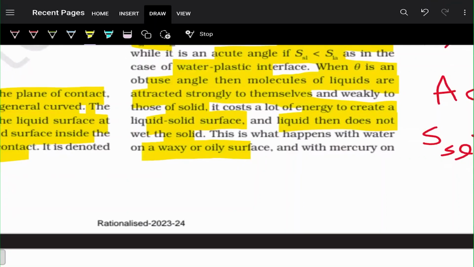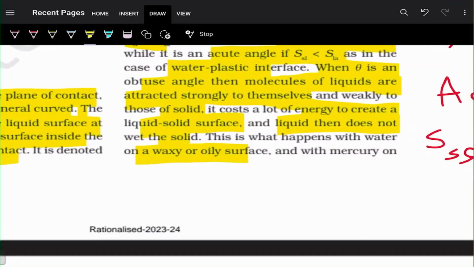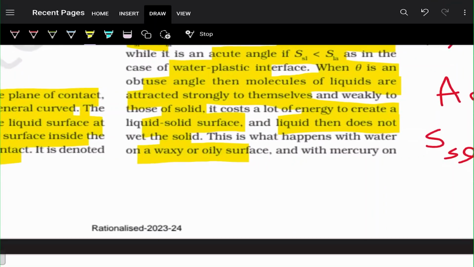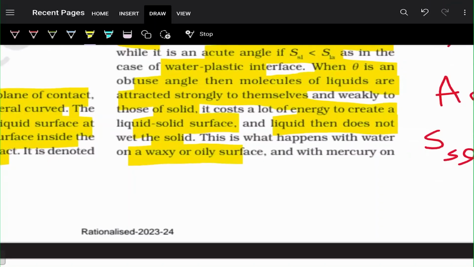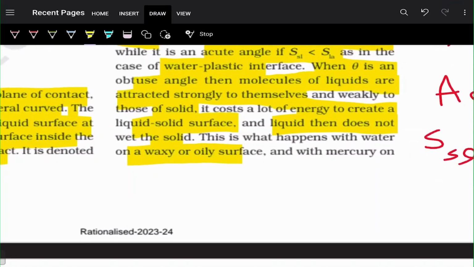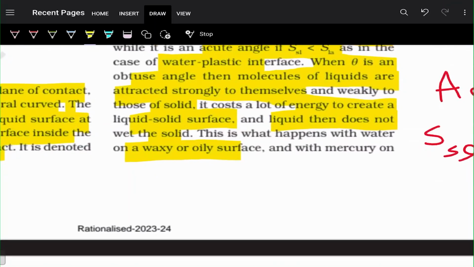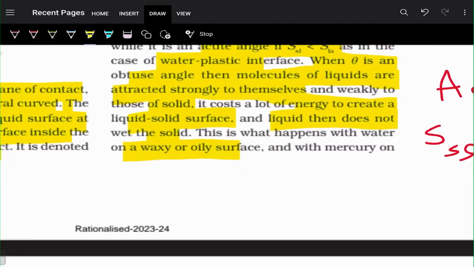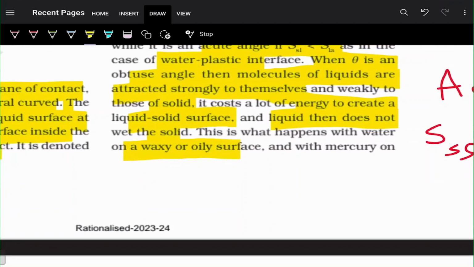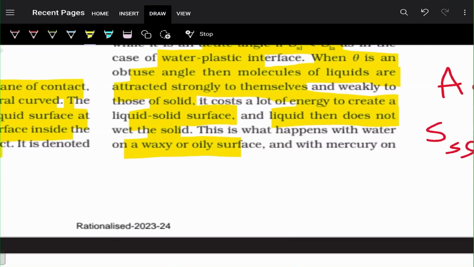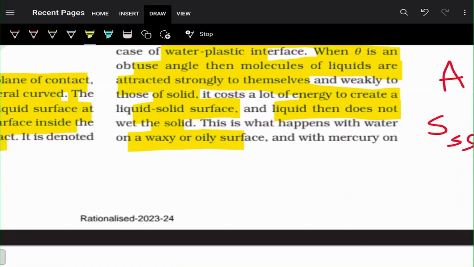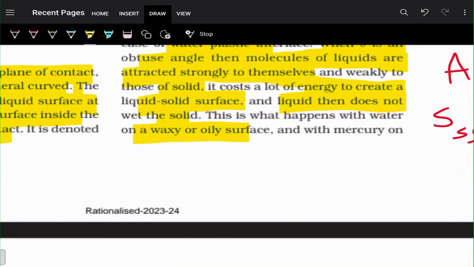എന്തുകൊണ്ട് വെറ്റാക്കുന്നില്ല? Liquid molecules themselves are attracted strongly and weakly to those of solid. So it costs a lot of energy to create a liquid-solid surface, and liquid then does not wet the solid. This is what happens with water on a waxy or oily surface and with mercury on any surface.